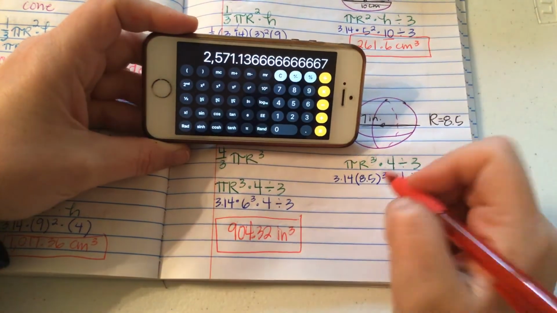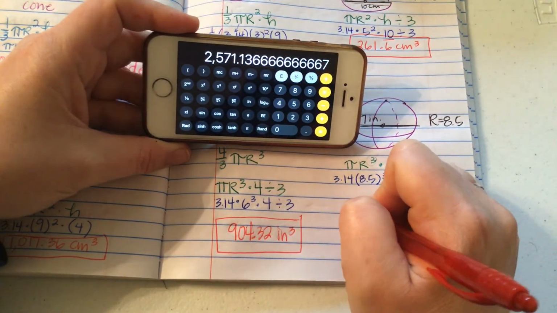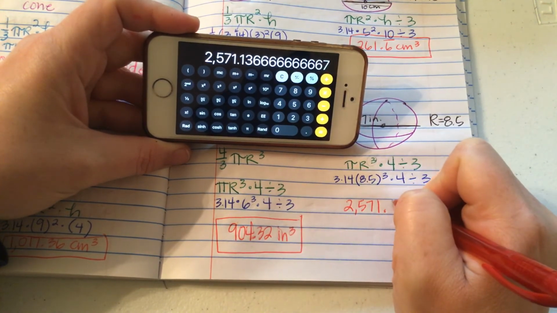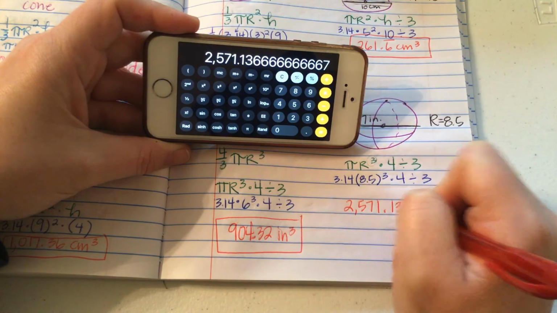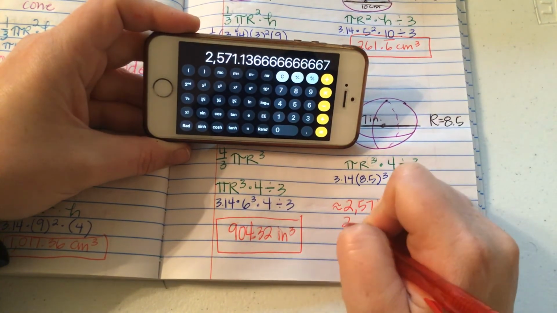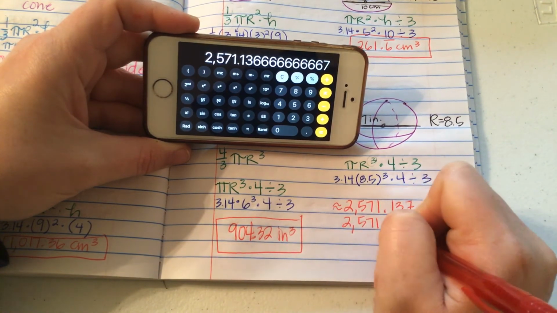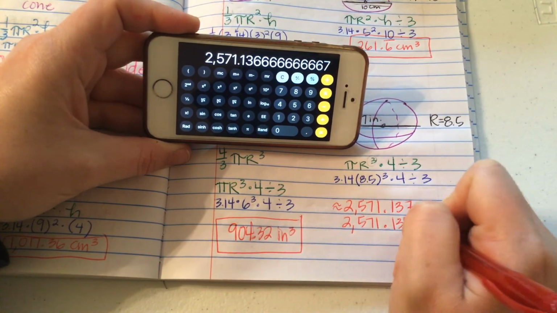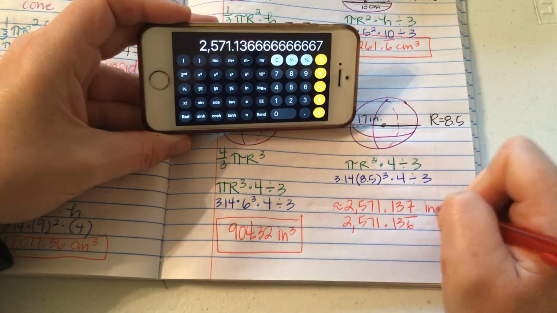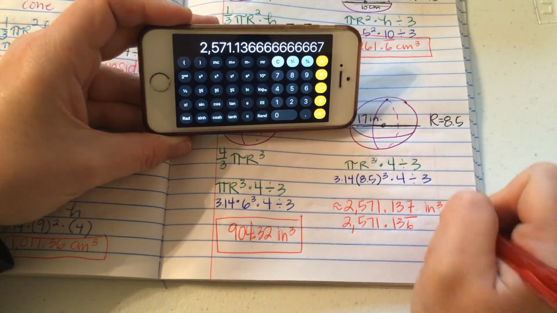And so if I could round this answer too, I could do 2,571.137, or you could do 2,571.136 repeating, inches cubed.